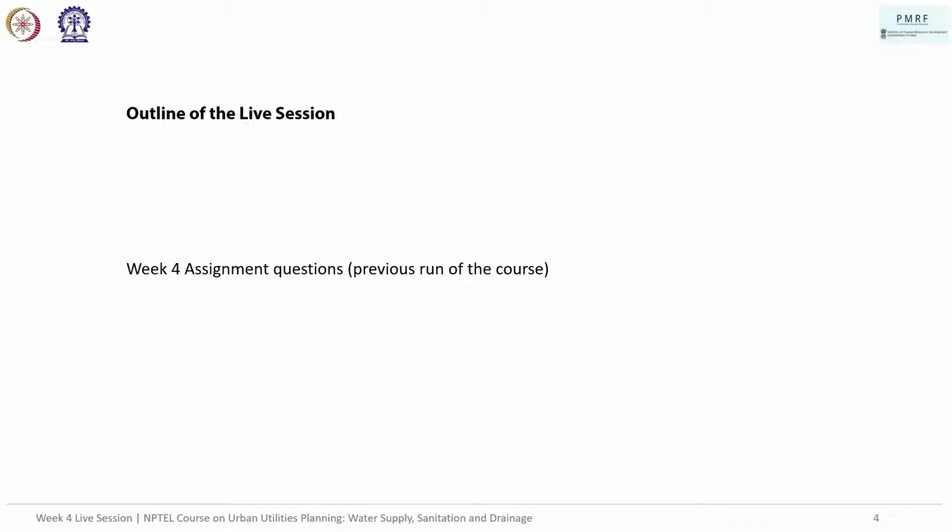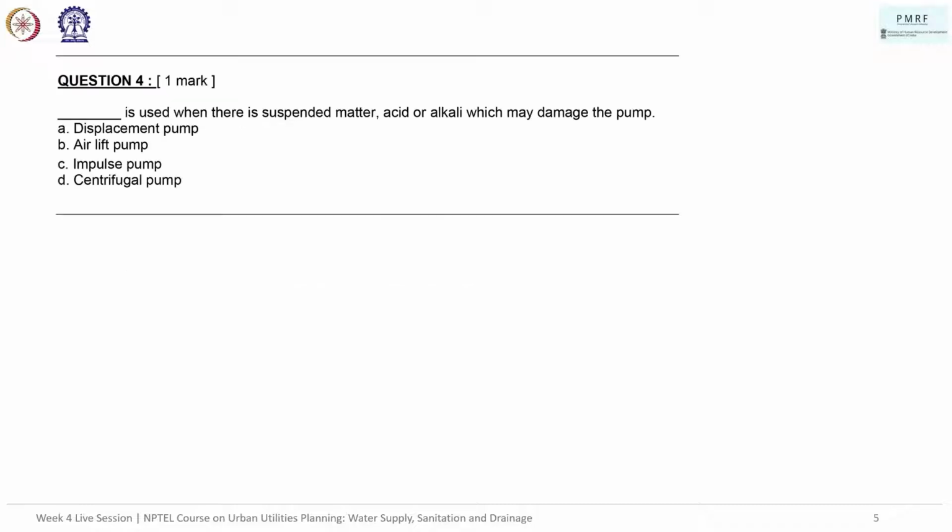So today we'll just be looking at a few assignment questions from the previous round of the course. First question: dash is used when there is suspended matter, acid or alkali, which may damage the pump.